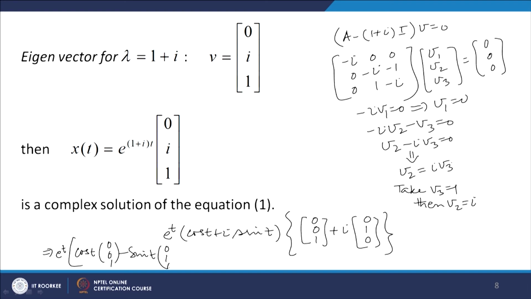This is the real part, and the imaginary part will be e to the power t times sin t into 0 0 1, and then we shall have cos t times 0 1 0.